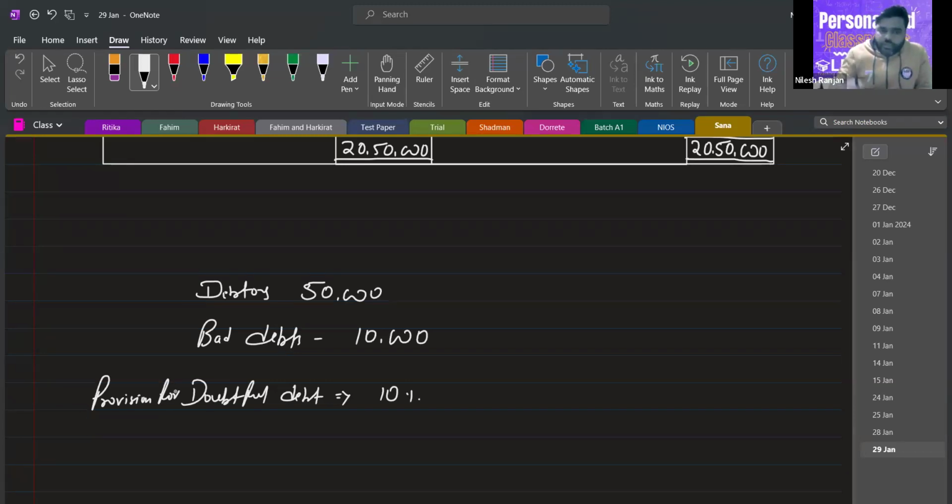If the debtors are 50,000 and in this 10,000 is bad, then only 40,000 is good. So you cannot create this 10% on the total amount, because you know that this 10,000 will not be received. So this is not doubtful, this is bad.